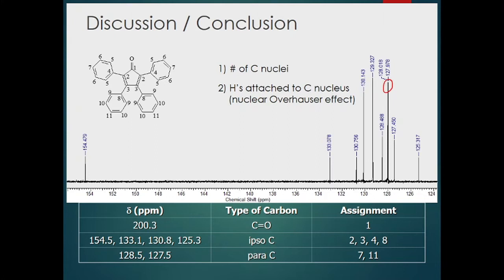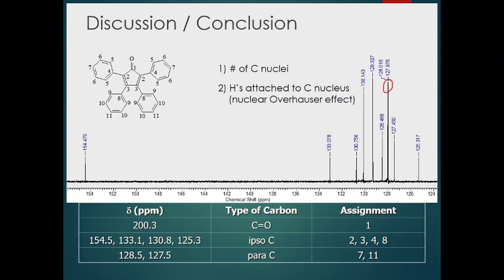The peaks at 129 and 130 are twice the size, therefore they represent 4. And then we would look at the one peak at 128 and recognize that it is twice the size of the peaks at 130 and 129. If those are 4, that peak must represent 8. And then we would ask ourselves, what is the likelihood of a structure having 8 equivalent carbons? How much symmetry would that have to have, and is that likely?